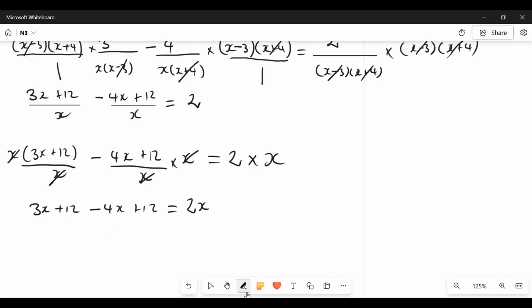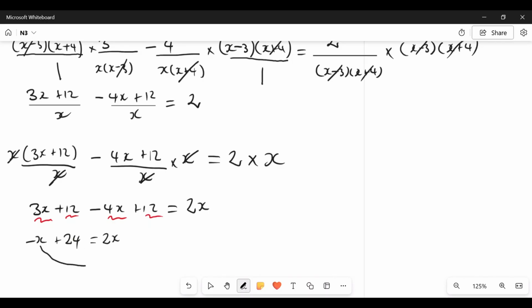There we go. Now, what we have here is like terms. On the left hand side, we have 3x and negative 4x. And we also have positive 12 and positive 12. So let's do it. Now, 3x minus 4x, we're going to be left with negative x. 12 plus 12, this is going to give us 24. All this is equaling to 2x.